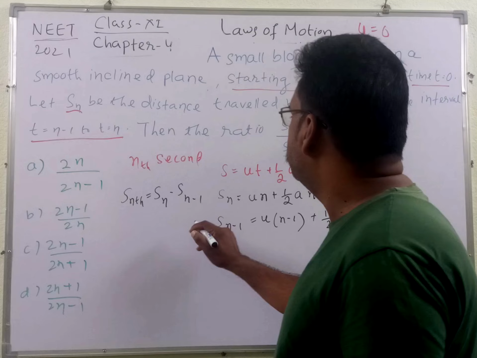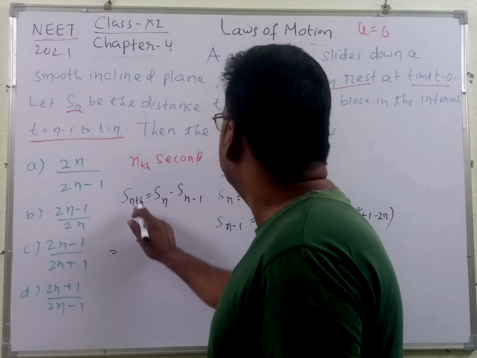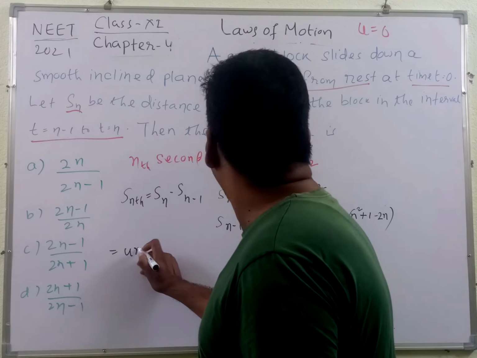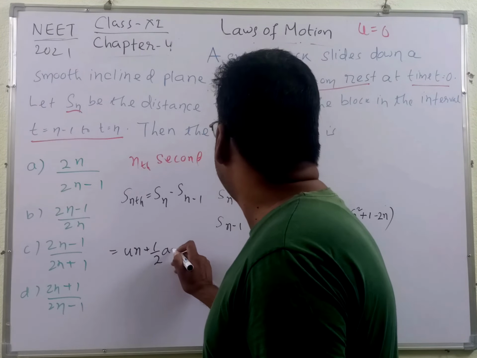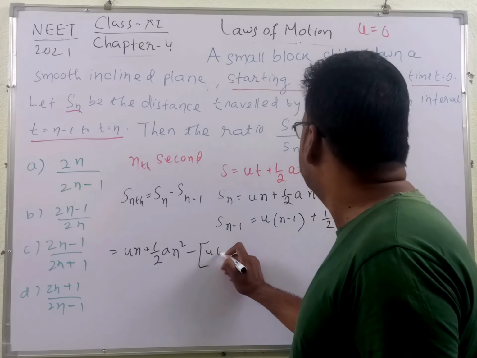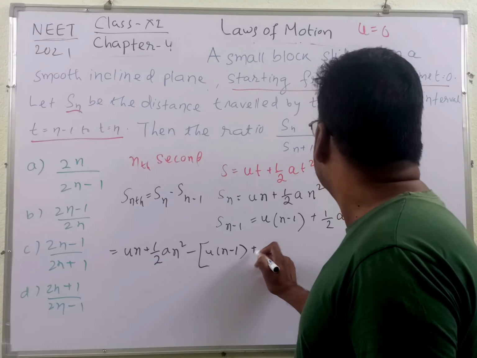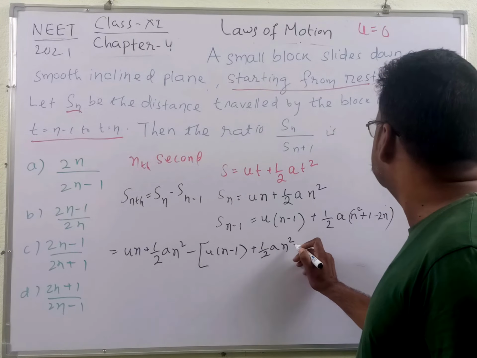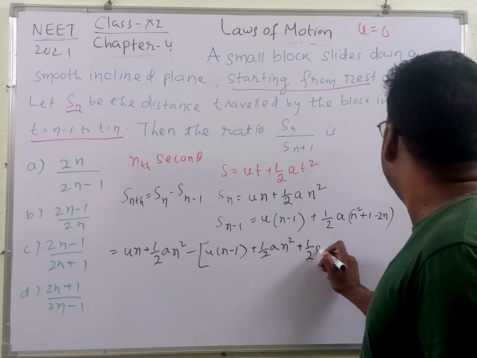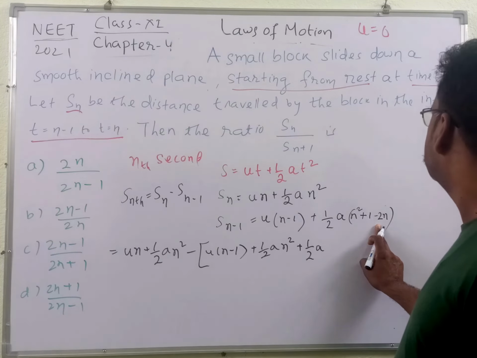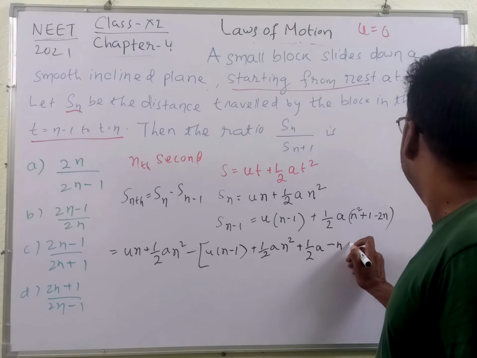So, Snth will be equal to, what is Sn? Sn is given here, un plus half a n square, minus this Sn minus 1, which is u into n minus 1 plus half a. Let us expand this n square plus half a, and this half and minus 2 cancel each other, and this becomes minus na.